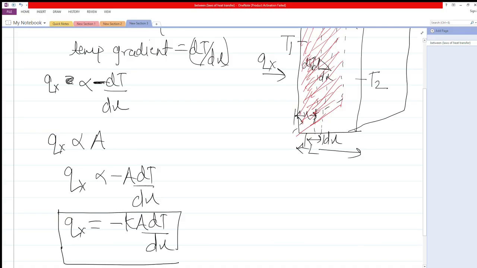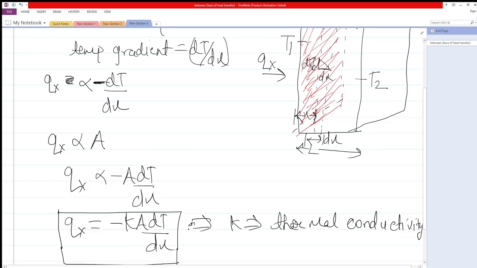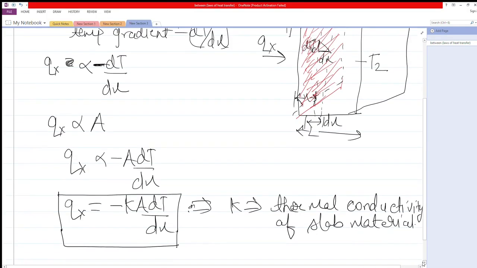Here k is nothing but the thermal conductivity of the slab material. So this is called Fourier's law of conduction.